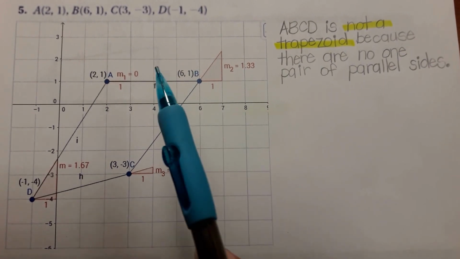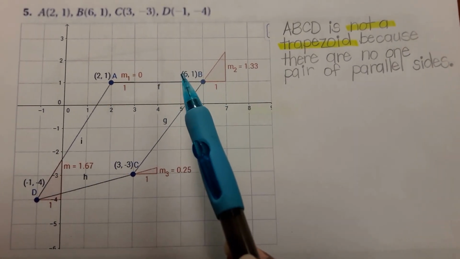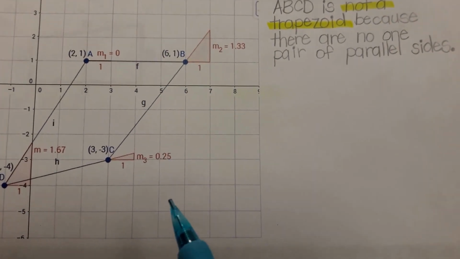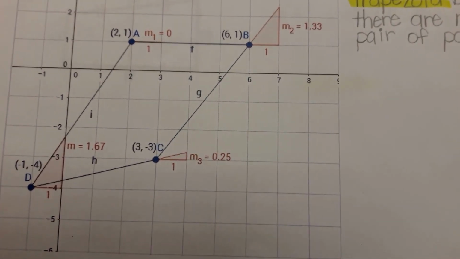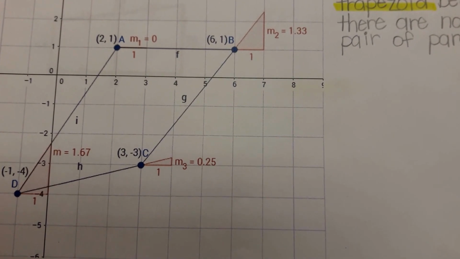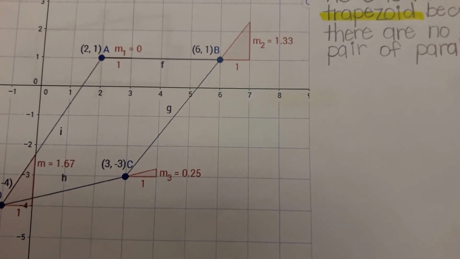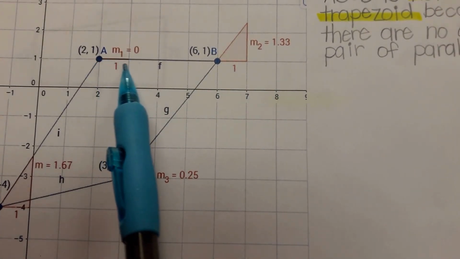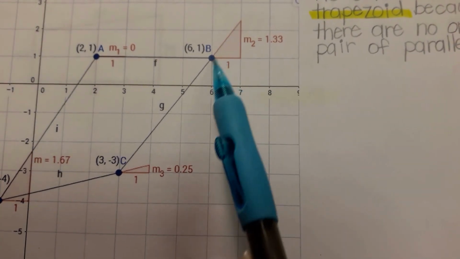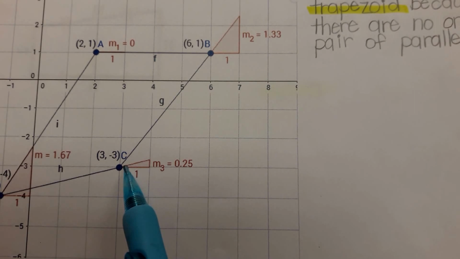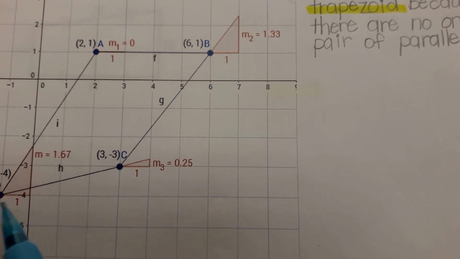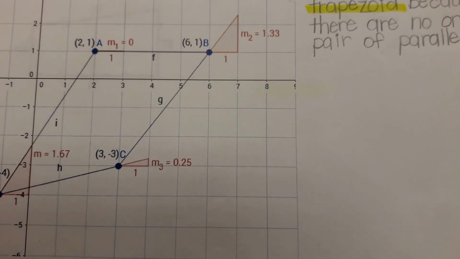Number 5, again, I plotted my 4 vertices on my GeoGebra website. And I looked at the slopes of the sides. So I noticed I have 4 totally different slopes. None of the slopes match. I have a slope of 0 here, a slope of 1.33 here, a slope of 0.25, and then I have a slope of 1.67.